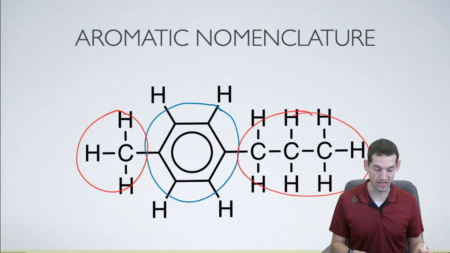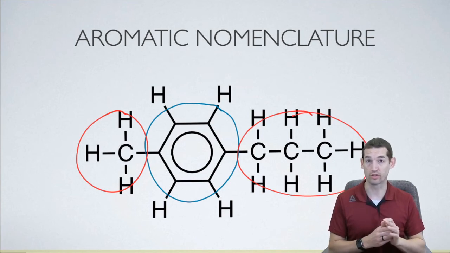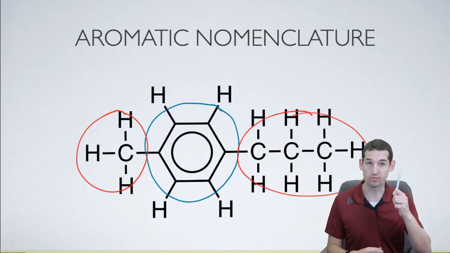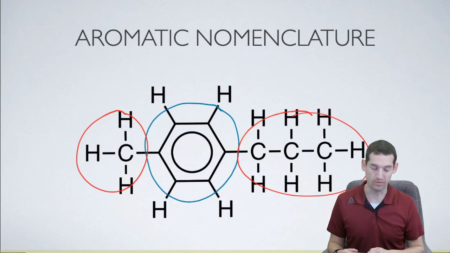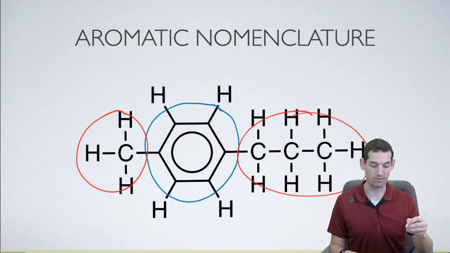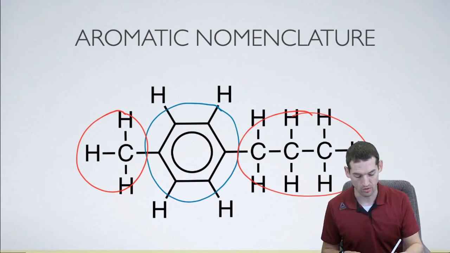In this case again, I'm going to have a 1 and a 4. And it doesn't matter how you number or in what order, it's going to be a 1 and a 4 either way. So functional group didn't help me, branches didn't help me, so now I'm going to go alphabetical. And methyl is going to come before propyl. So this is a 1 methyl.